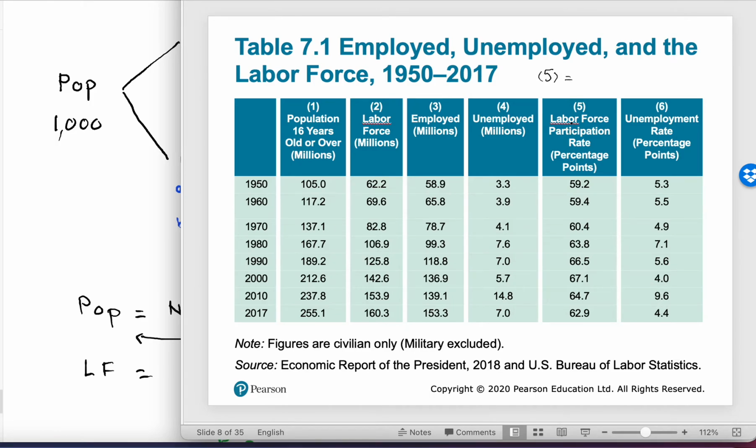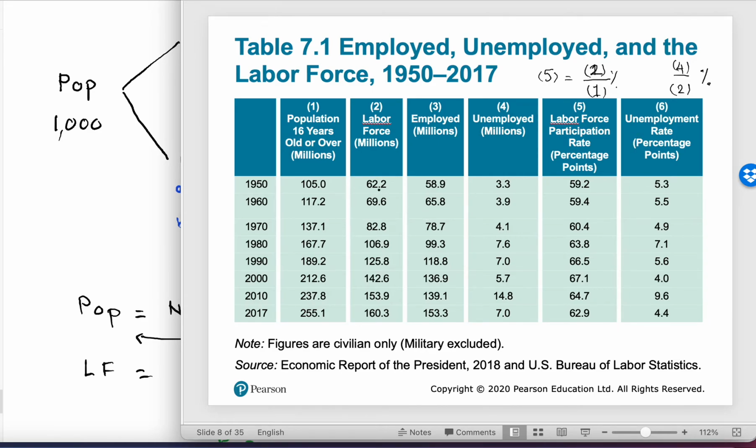It is the labor force, 2, divided by 1, in terms of percentage. And for the unemployment rate, you take number 4 and you divide it by number 2 and you state it in terms of percentage.